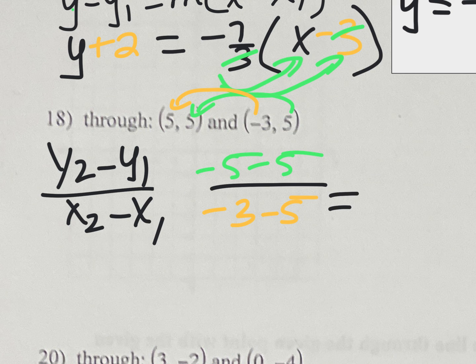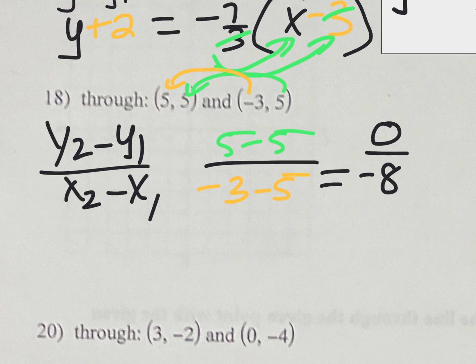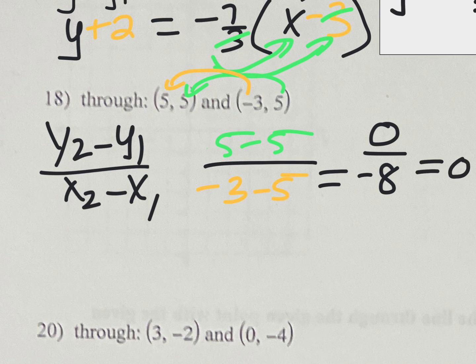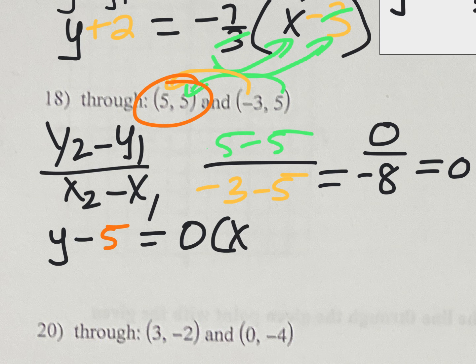Oh, I put a negative in front of that 5, my bad. 5 minus 5 is, of course, 0 over negative 8. 0 divided by anything is 0, okay? So, when you put it into point slope, I'm going to choose that coordinate. So y minus 5 equals 0 times x minus 5.